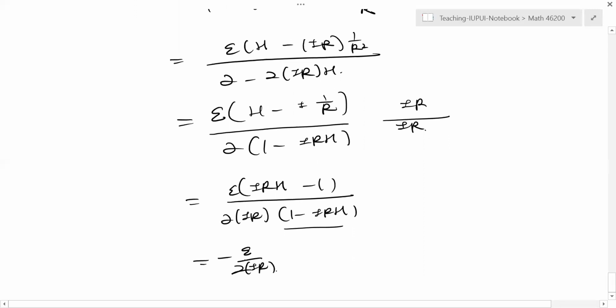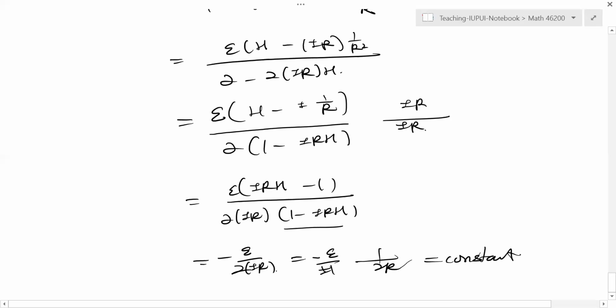It depends on the sign here. So we don't get exactly, I think there's a sign here, negative epsilon plus minus, and 1 over 2. Anyway, it's constant.